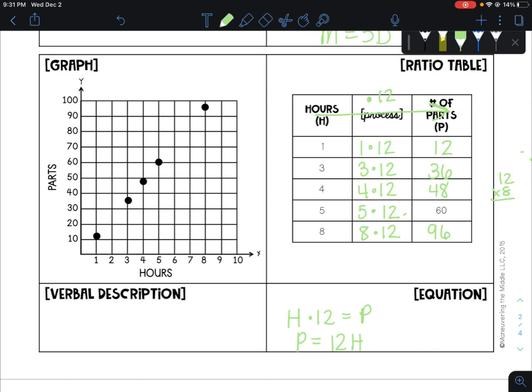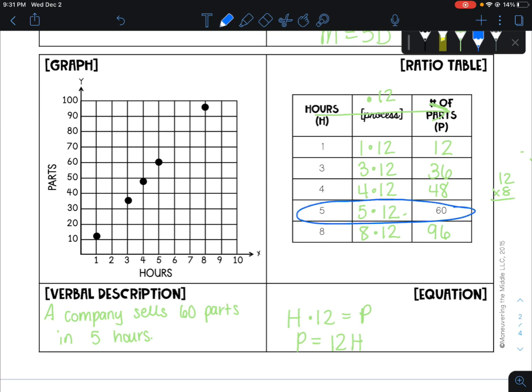So I'm thinking for my verbal description, my story, I'm going to say a company sells 60 parts in 5 hours. Again, it is entirely your choice which numbers you want to use for your verbal description.